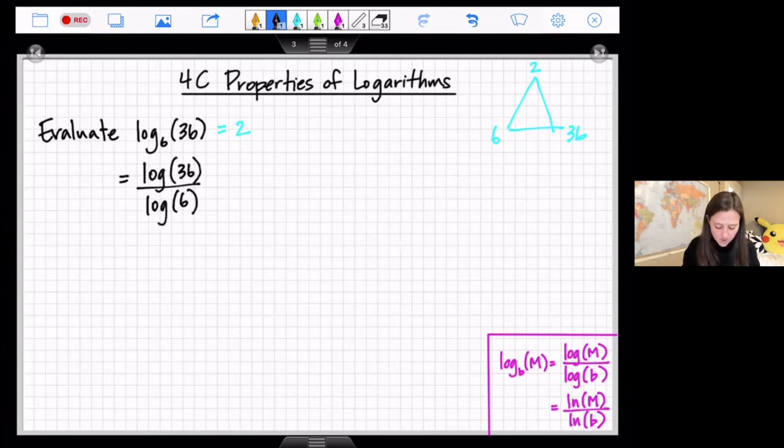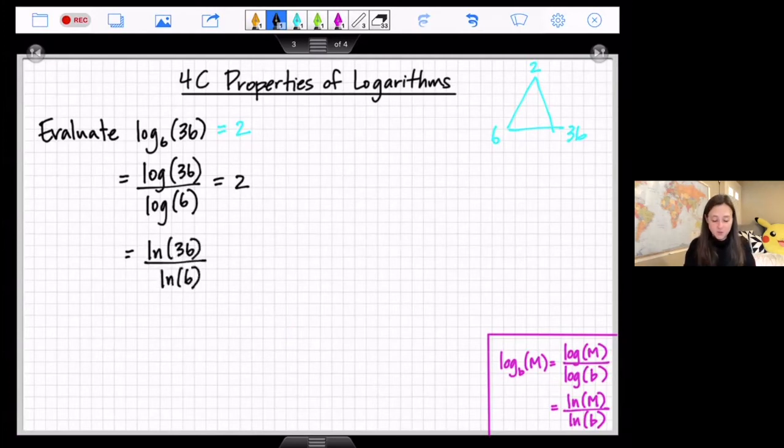Okay, so I'm going to do the log of 36, which is 1.55630250008, bunch of decimals, but then I'm going to divide that by the log base 10 of 6, and it comes out to a perfect even 2. And like I said, it doesn't matter which logarithm you use. I could easily do this as well with the natural log of 36 divided by the natural log of 6.